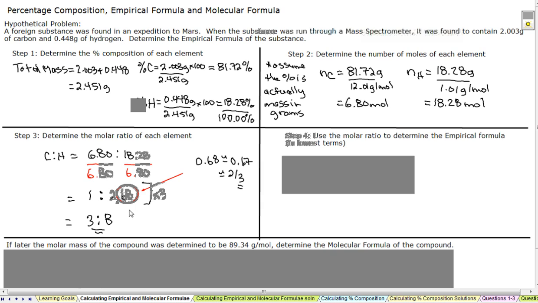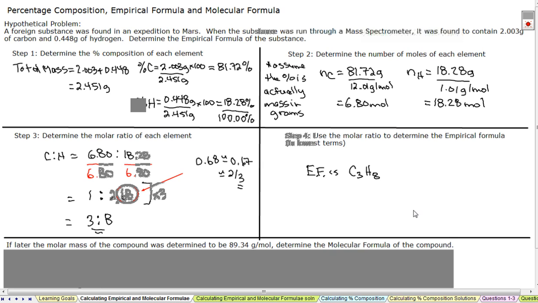And so now I can determine what my molar ratio is, 3 to 8. That's the set ratio, and that becomes the foundation for my empirical formula. So my empirical formula is C3H8. Now I don't know if that's my true molecular formula, what the compound actually looks like, but I know what the empirical formula is.